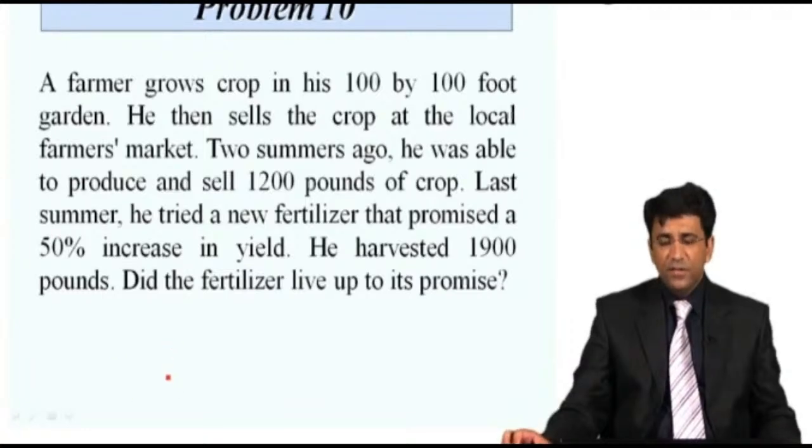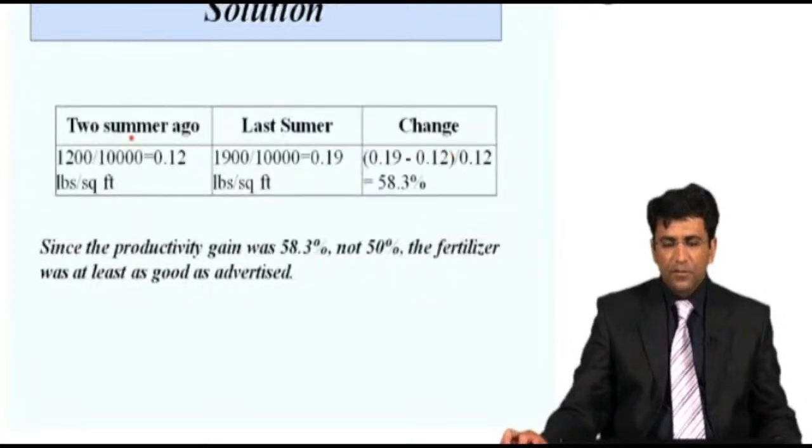Now students, again, this is a very simple question. This is our output, 1200 pounds before the use of the new fertilizer, and this is our input, the 100 by 100 area of the crop land. 100 multiplied by 100 is equal to 10,000. So 1200, the output, divided by this input will be equal to 0.12 pounds per square foot.